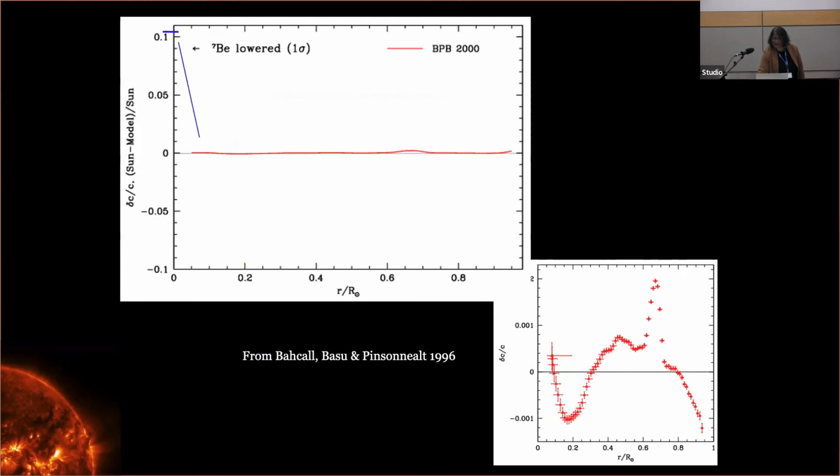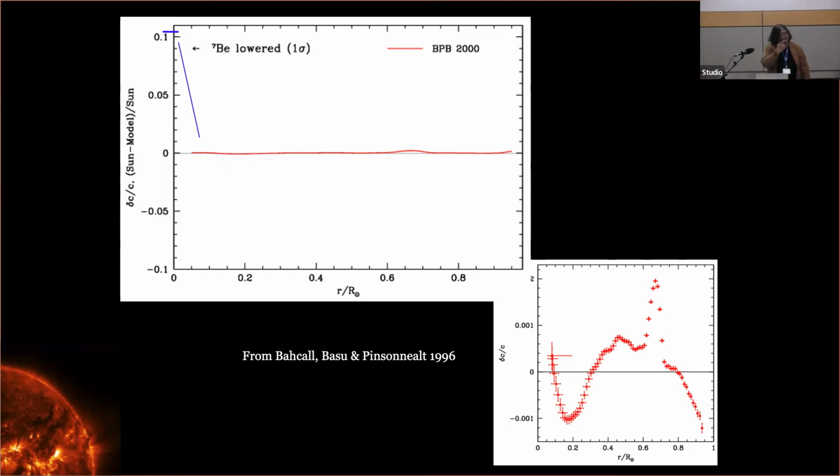If we muck about with the core to get the neutrino flux right, this sound speed difference, which I've blown up here, would go somewhere up here, to a 10% difference from a fraction of a percent difference. Clearly, it's not our solar models.